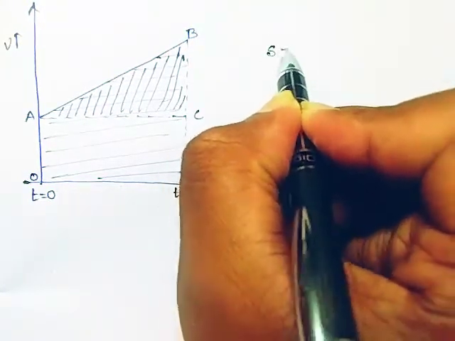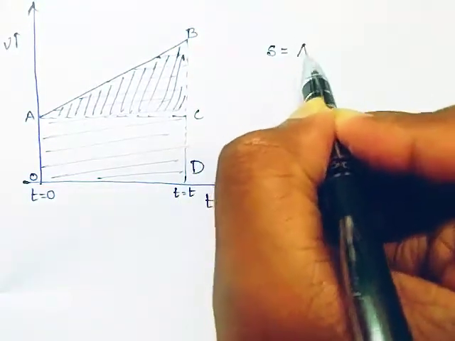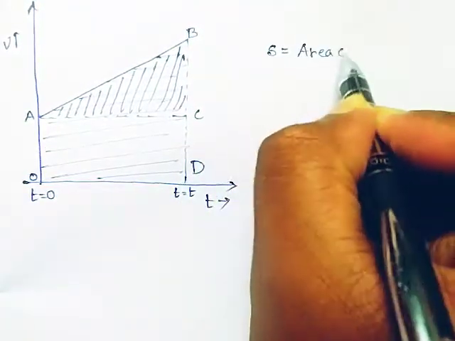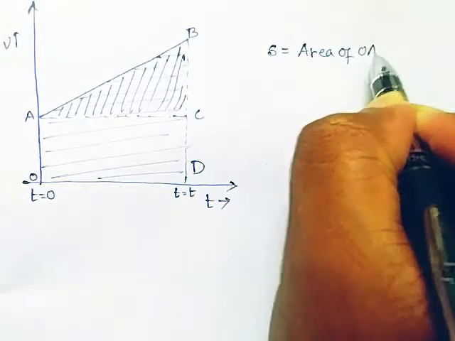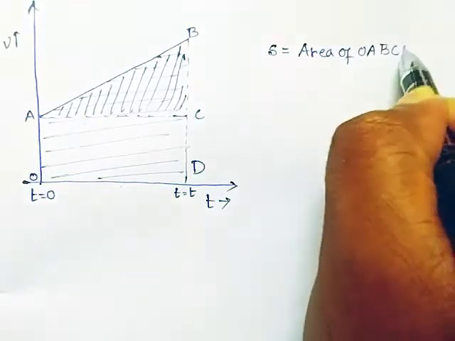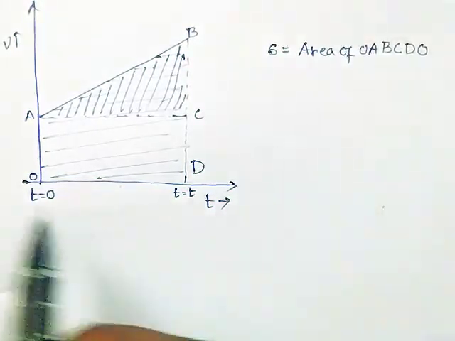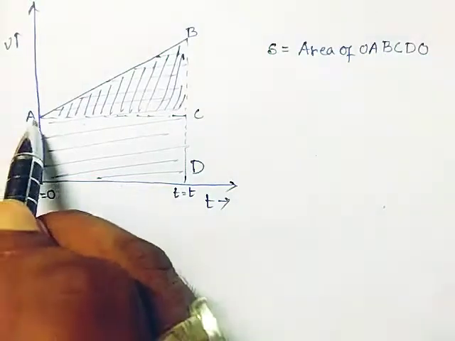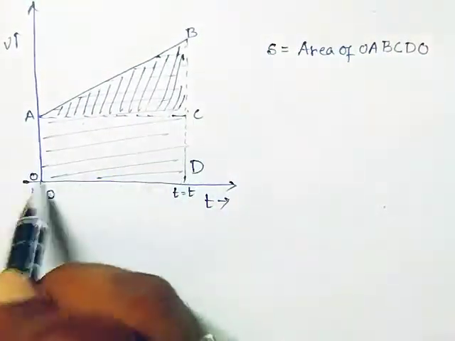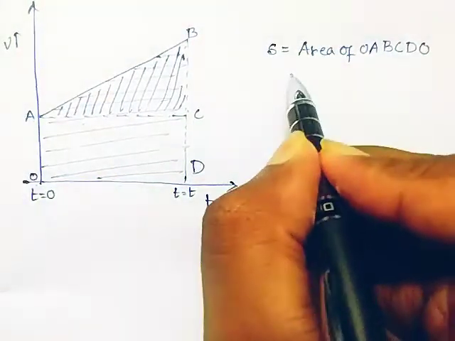So I represent it by S, and we can write the area of OABCDO.